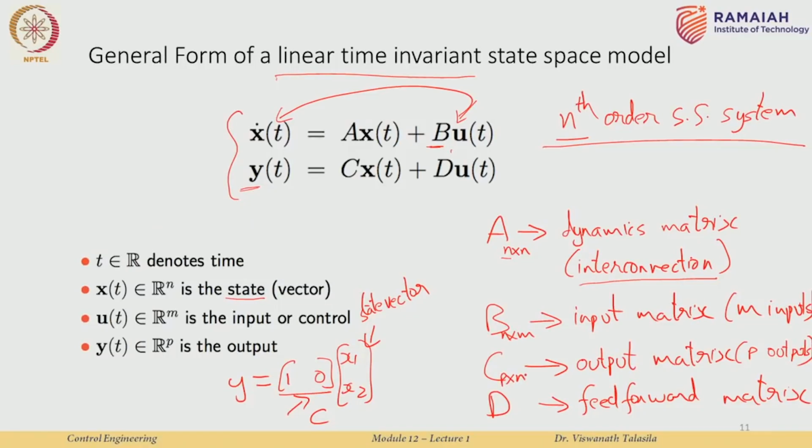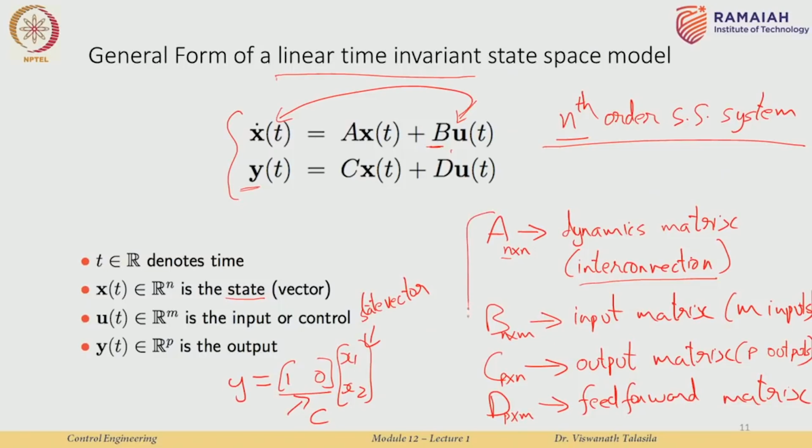Now, in general we could measure all the states if we have access to all the states, in which case p will be equal to n. So, we have an n cross n output matrix. Finally, we have the matrix D, the feed forward matrix, which is basically p cross m.